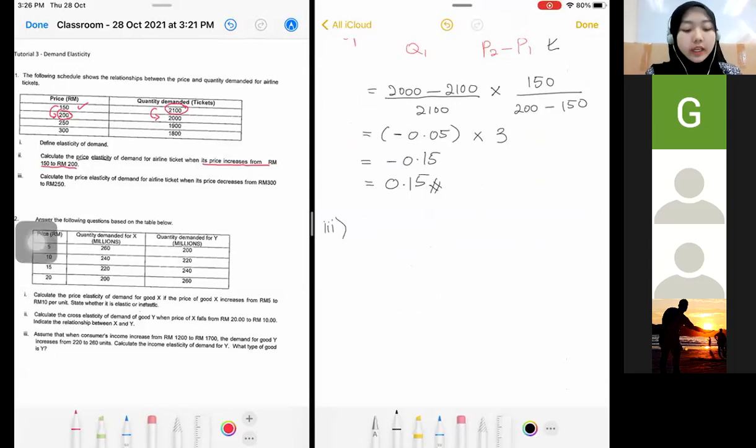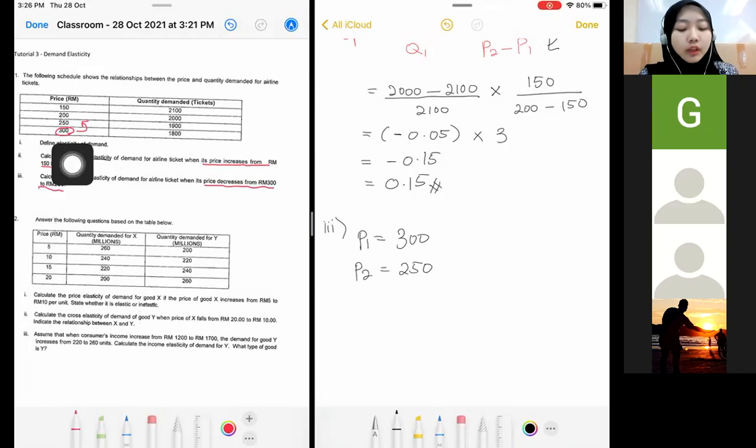Question number 3. Again, calculate the price elasticity of demand for airline tickets when its price decreases from 300 to 250. Which one is 300? Look back at the table. 300 is here. So it changed from 300 to 250, meaning your 300 is your P1 and P2 is 250, the new price.